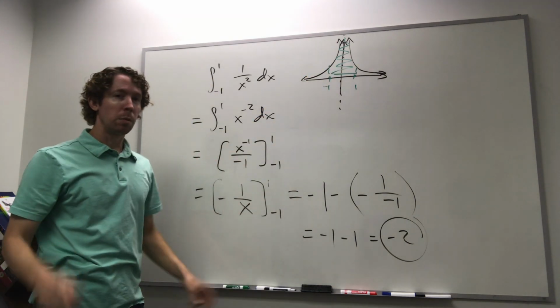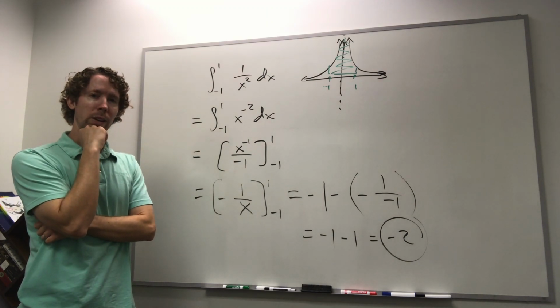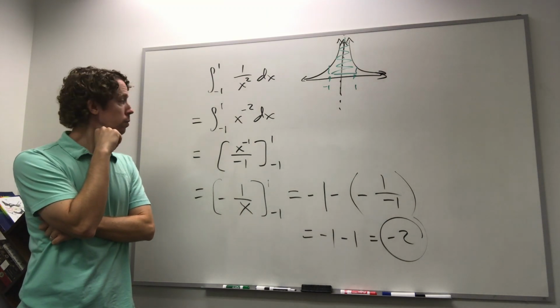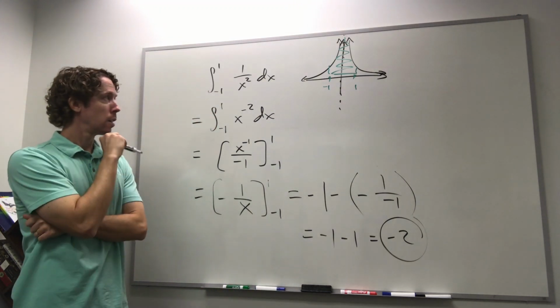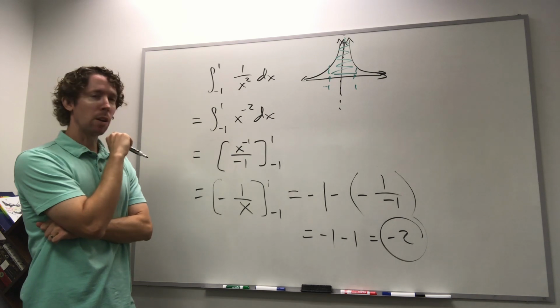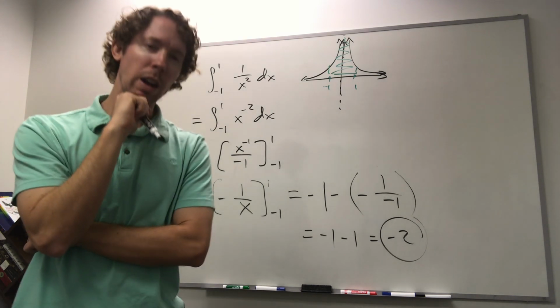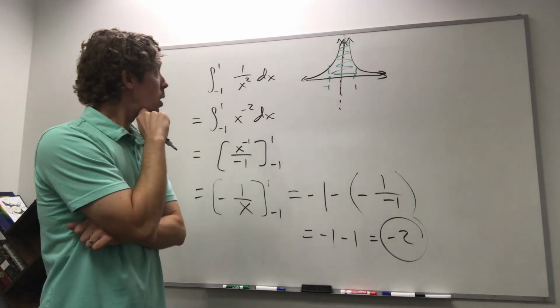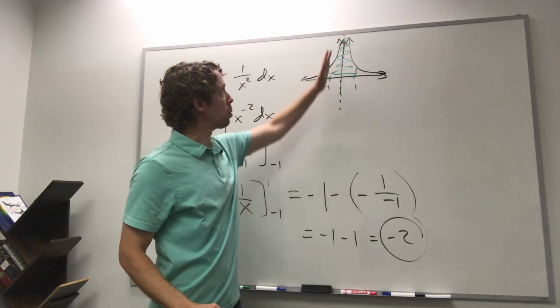So pause for a second and think about what might have been wrong with what I did here. After you've thought about it, hopefully, well, it's not obvious what's wrong here, but you do have this asymptote. There's some kind of problem going on here.